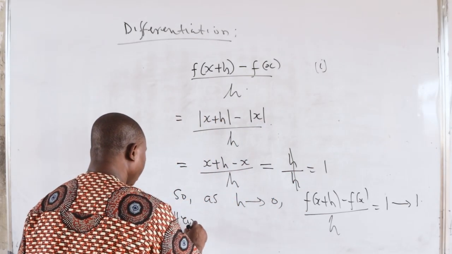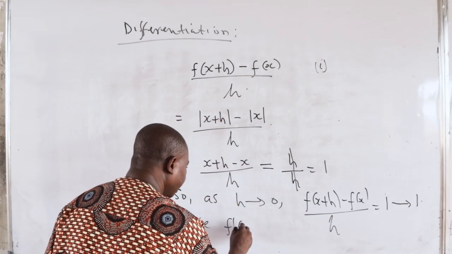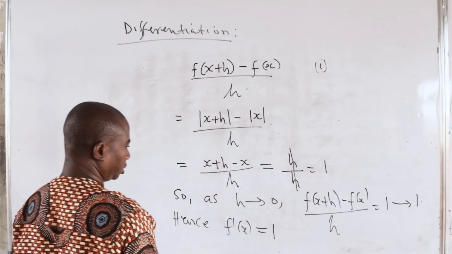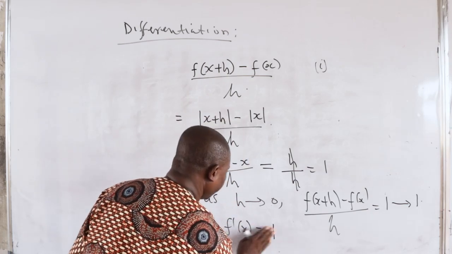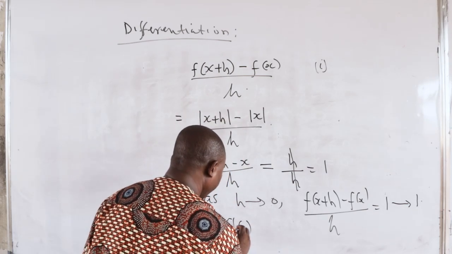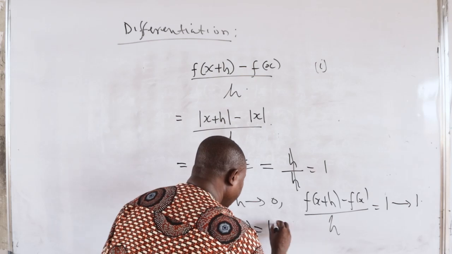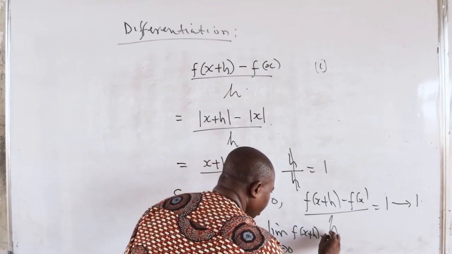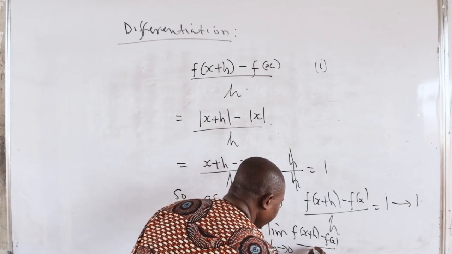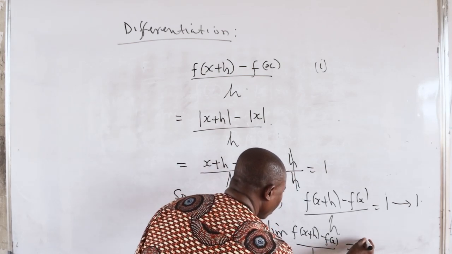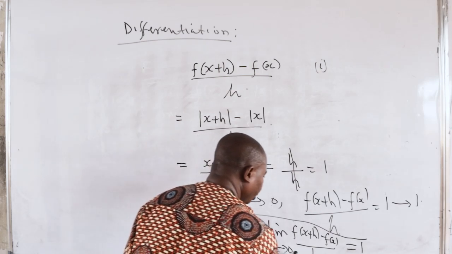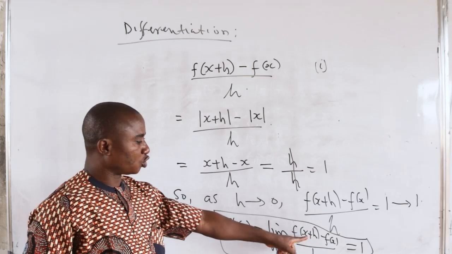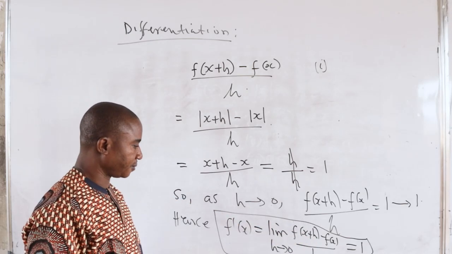Hence, f prime at x is exactly 1. If you like, before I write this so that you follow, f prime at x, which is the limit as h tends to 0 of f of x plus h minus f of x divided by h, is exactly 1. So this is what we're able to get. So the derivative of this function is 1 when x is bigger than 0. All right.